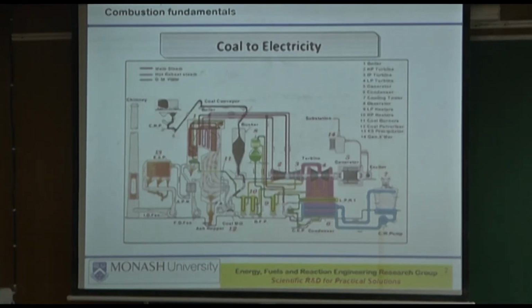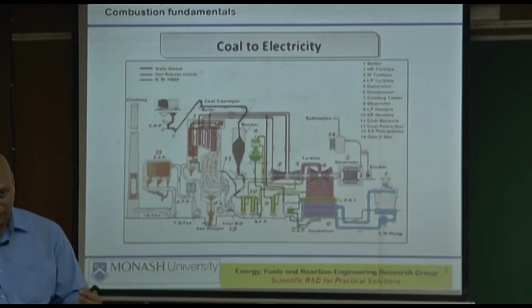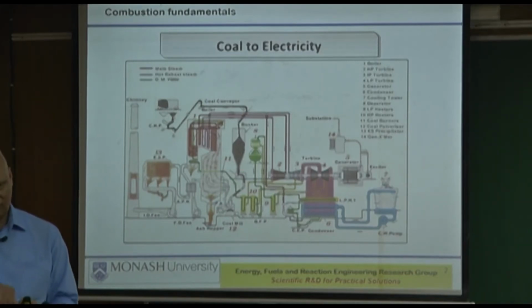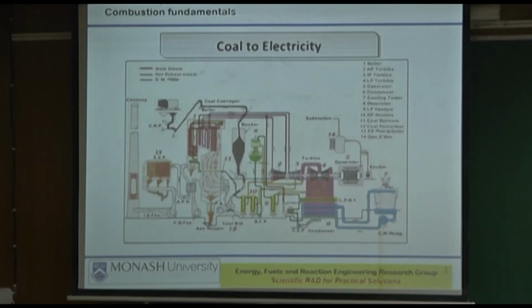Whereas if it is an immature, low-rank reactive coal, the oxygen can go in straight away, inside. So it can eat the carbon inside out as well as outside in. It's that simple.